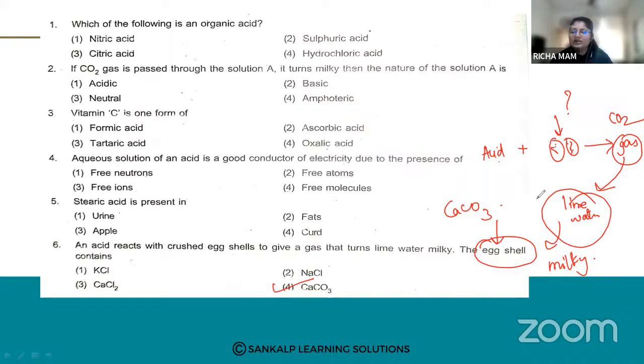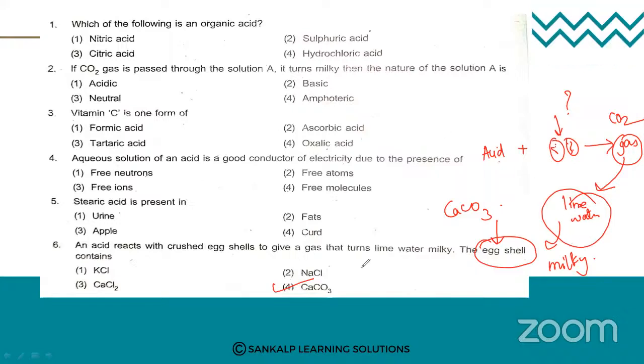When this carbon dioxide gas is passed in lime water, it turns lime water milky. So the eggshell consists of calcium carbonate. Understood? I hope these questions are clear.